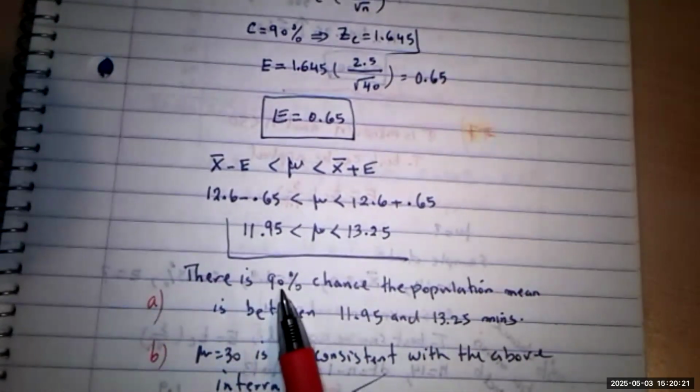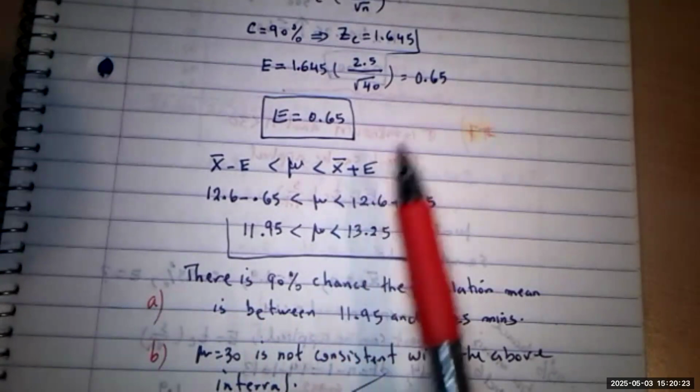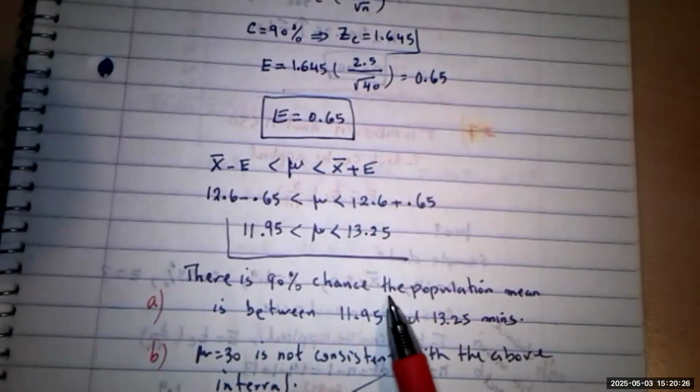The comment is there is a 90% chance, because of the level, that the population mean is between 11.95 and 13.25 minutes. So this would be for all the English professors grading these papers. They should spend this amount of time to grade your paper.